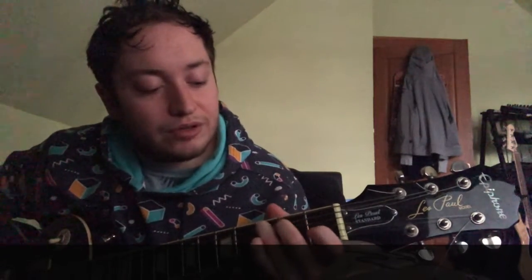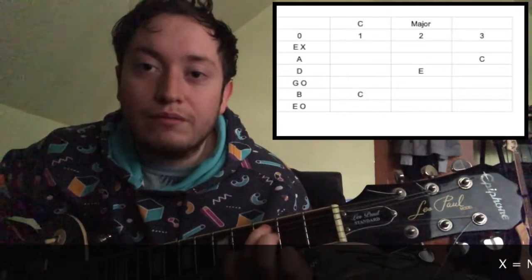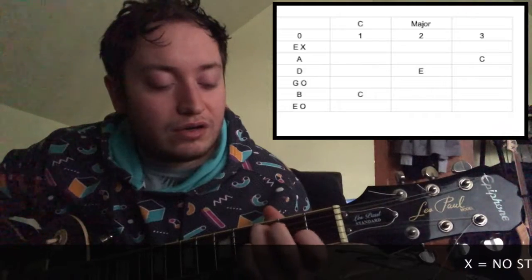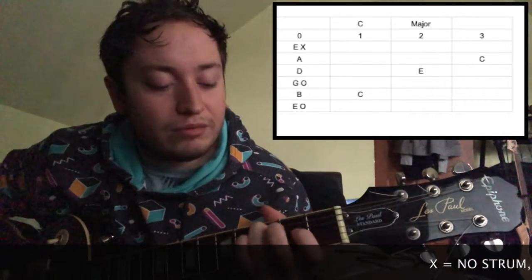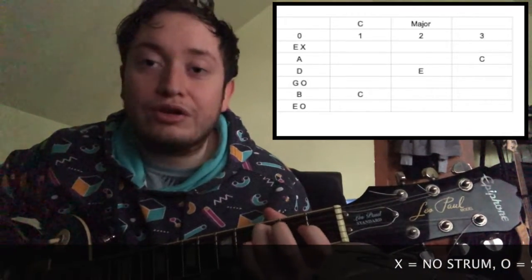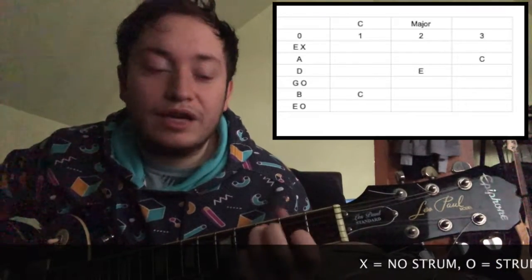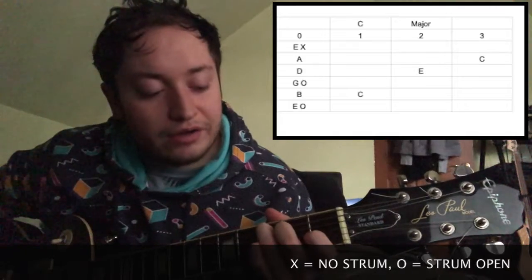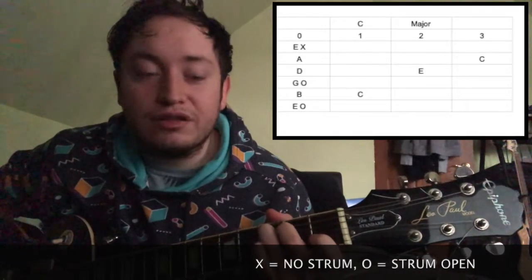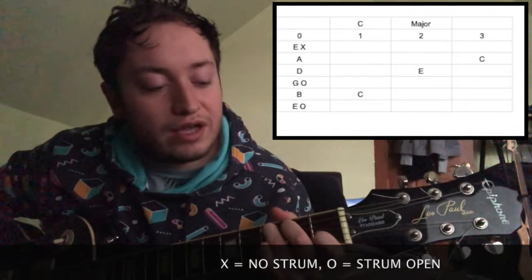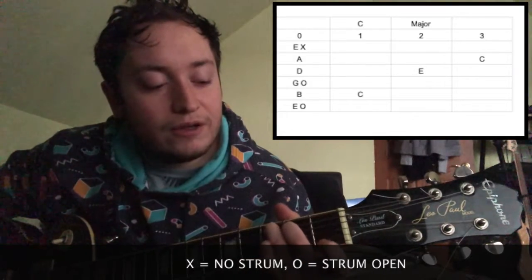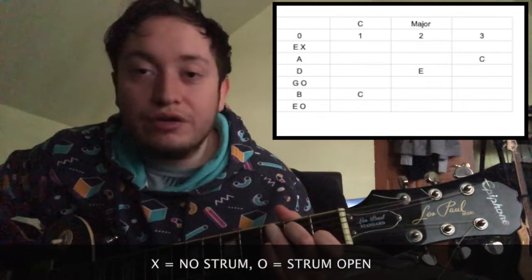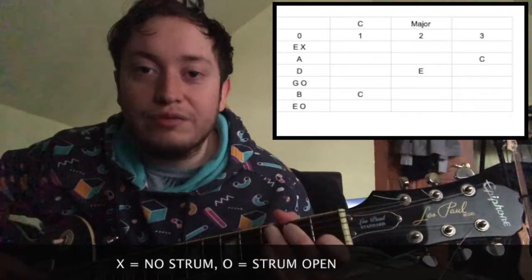Now we've got the C. This is a bit easier. Put your ring finger on the 3rd fret of the A string, and then we've got the middle finger on the 2nd fret of the D string, and then you're gonna end it with your pointer on the 1st fret of the B string.